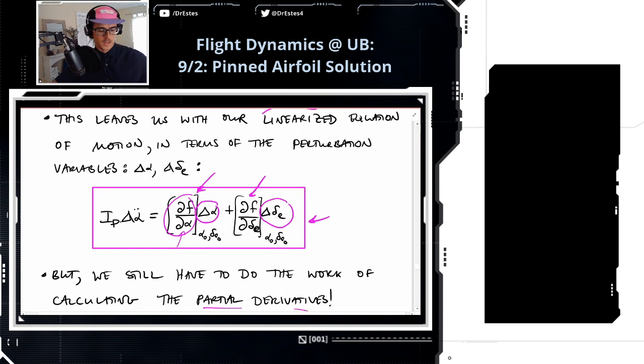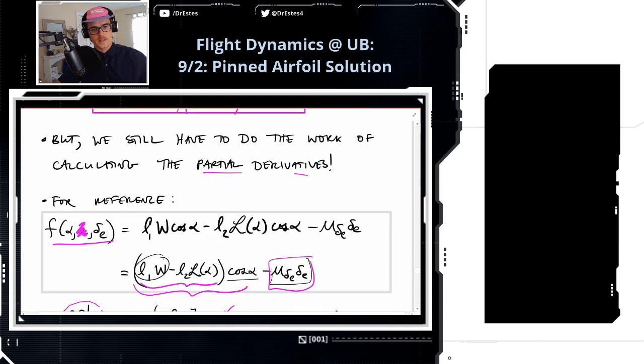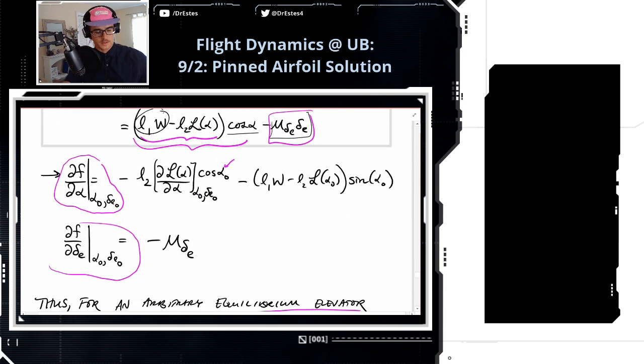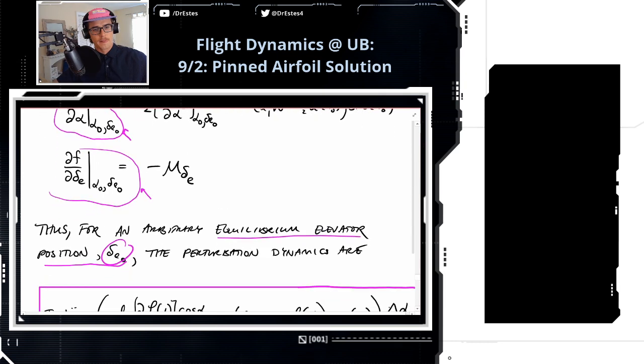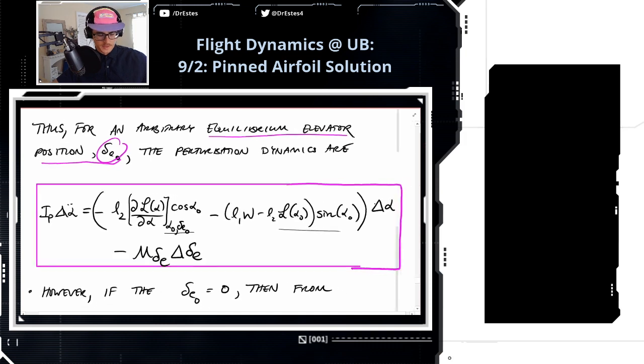So it's linear. And you have to do the work of calculating these partial derivatives. We did that, and here they are. You evaluate those partial derivatives at the equilibrium point. And I think this is where we stopped.